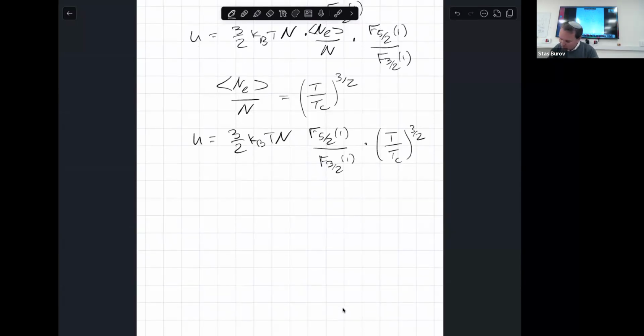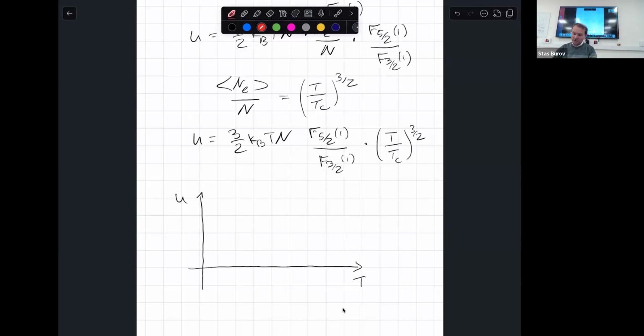So if I plot U as a function of temperature, I will observe the following result. I do not have a linear behavior. Sorry, I have something which grows superlinearly up to T_C.